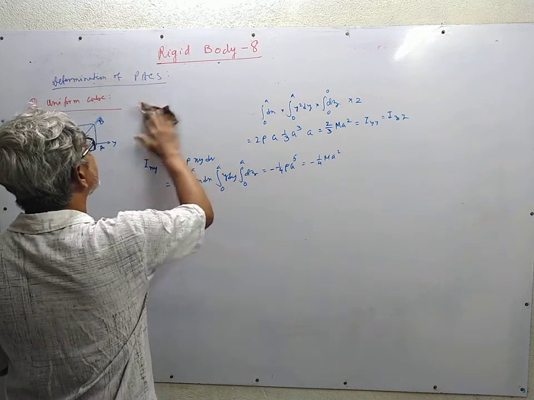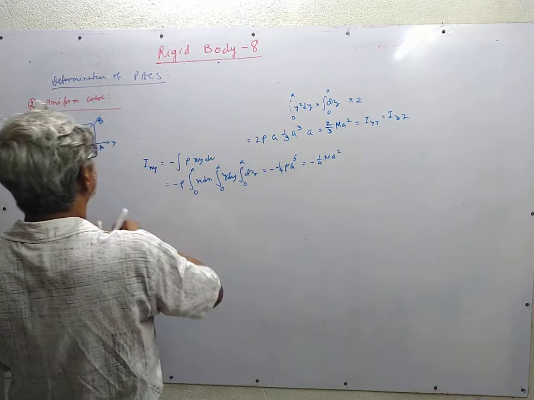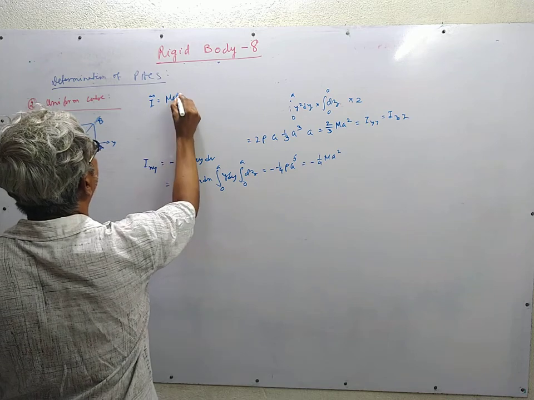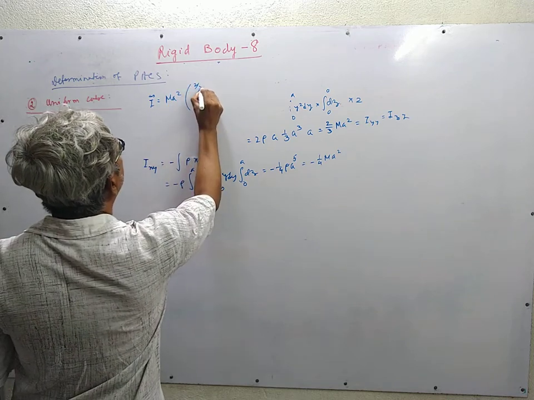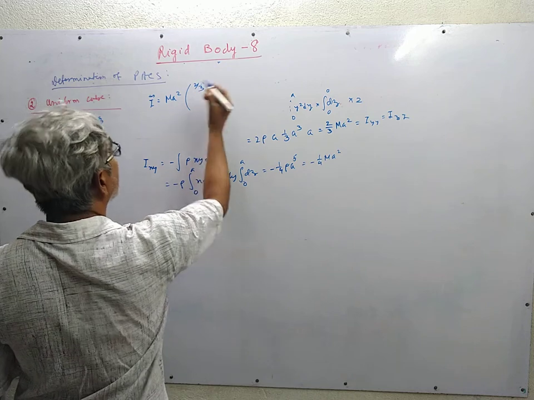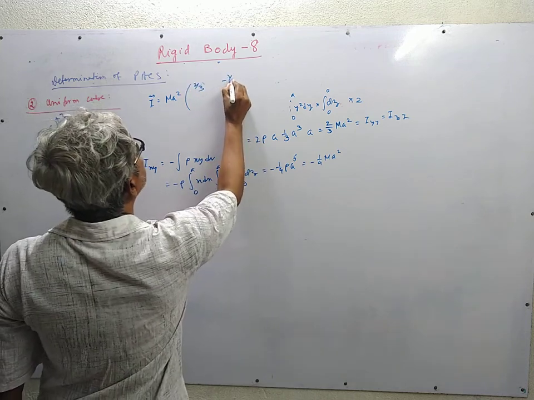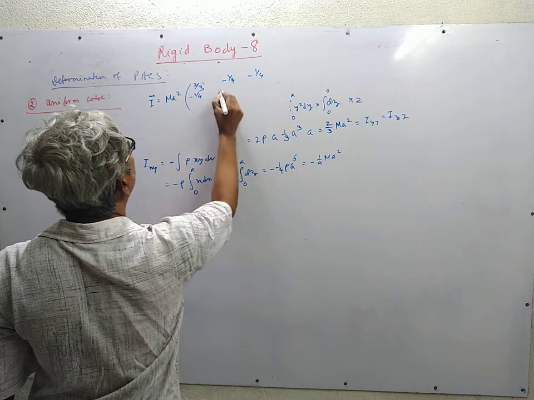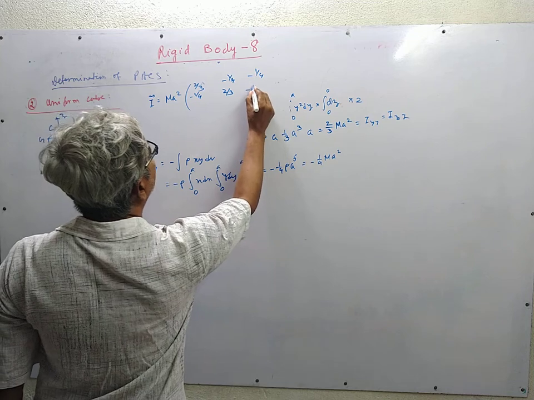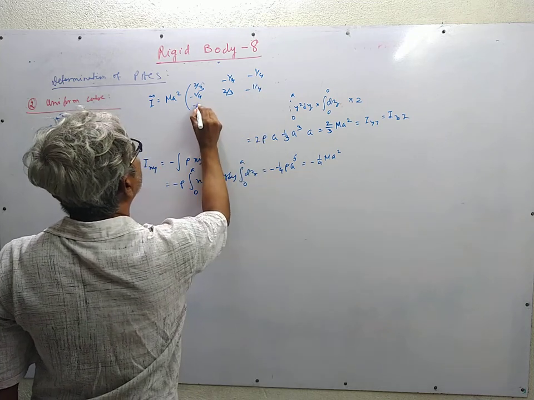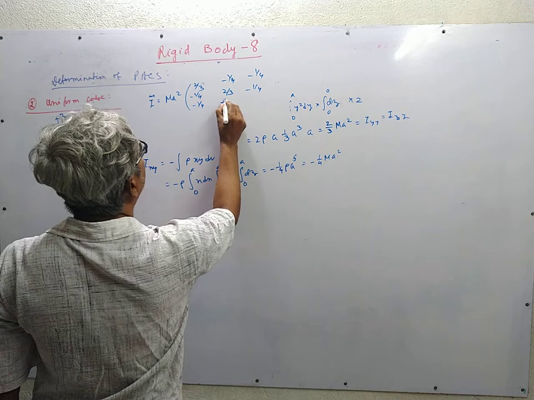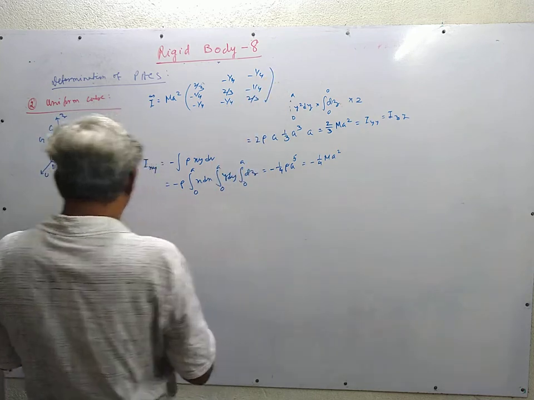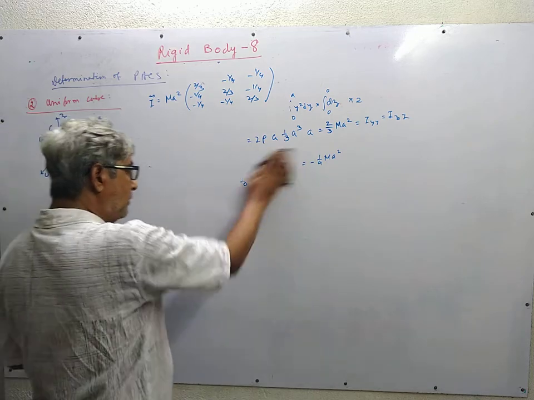So the moment of inertia tensor has 2/3 on the diagonal and minus 1/4 for all the off-diagonal elements.